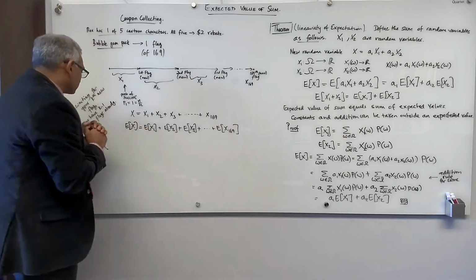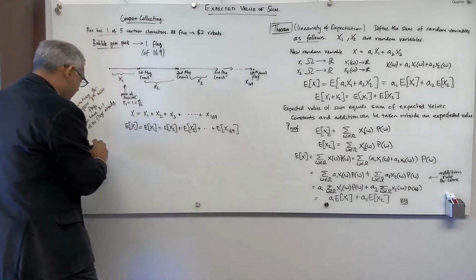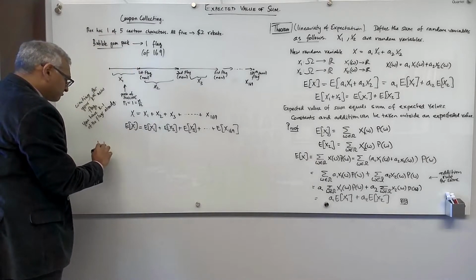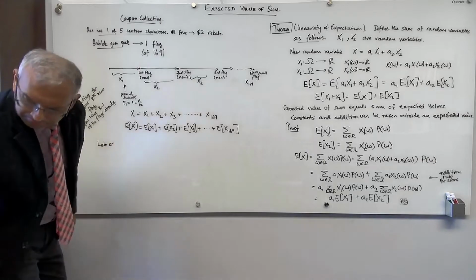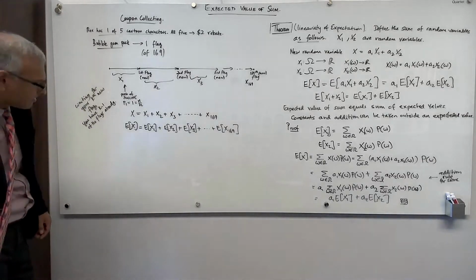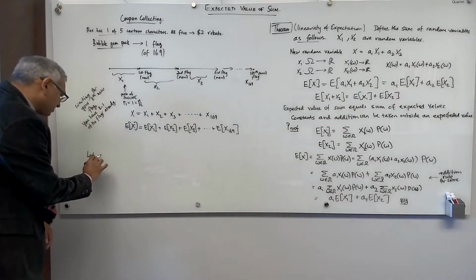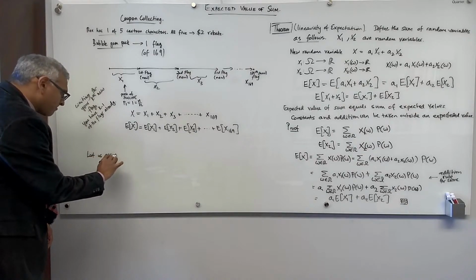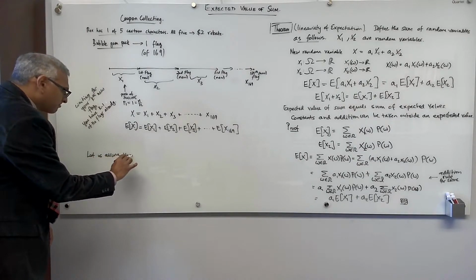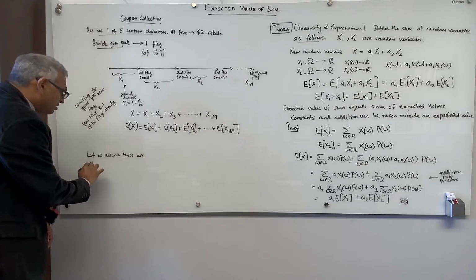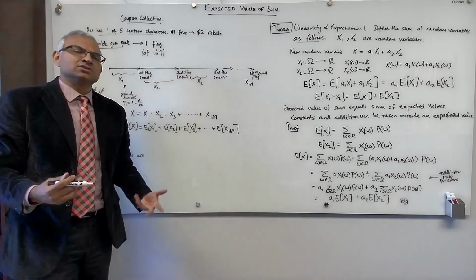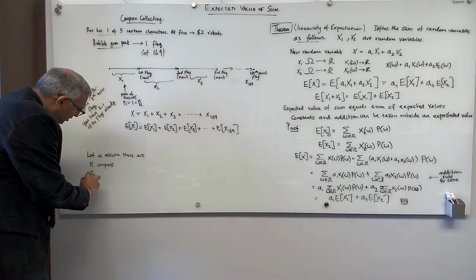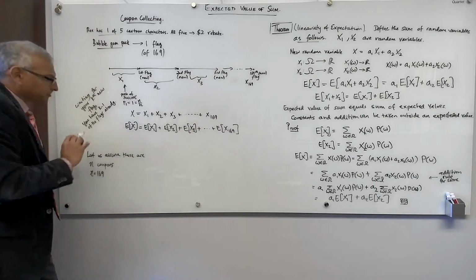So let us assume there are n coupons, in this case varieties of flags, and in our example, n equals 169.